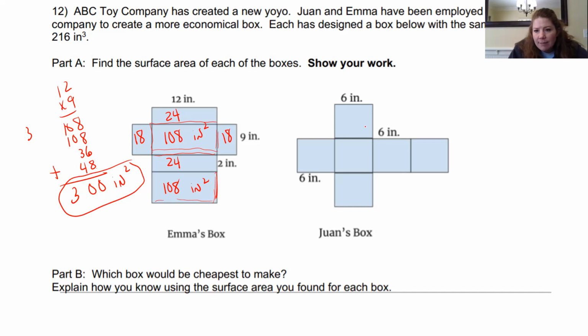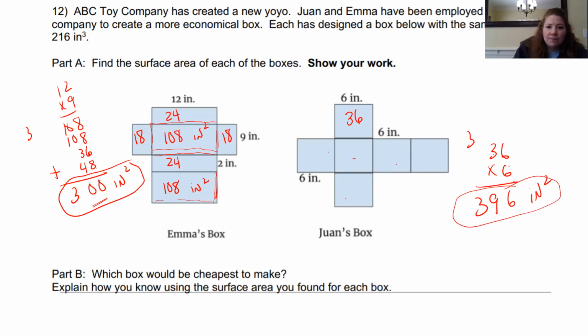And this is a cube, right? Because all the sides are the same dimensions. So they're each 36, and there's 6 of them. 1, 2, 3, 4, 5, 6. So 36 times 6. So this one's surface area is more than this one.